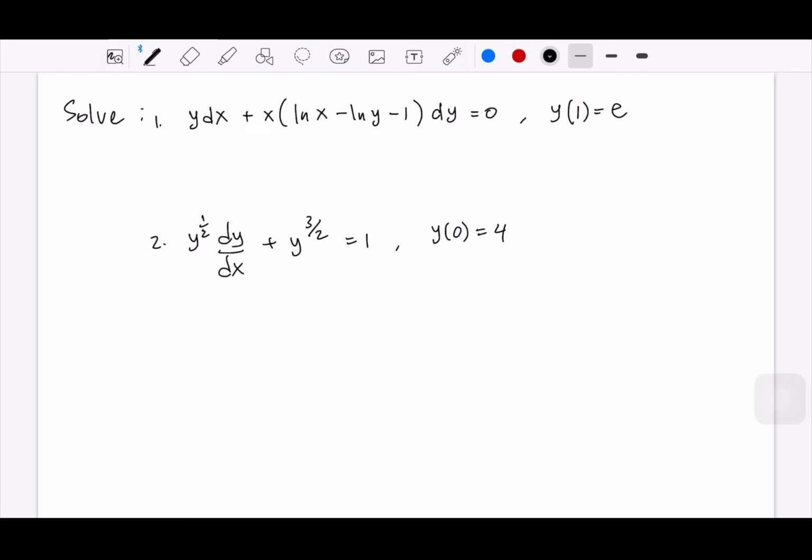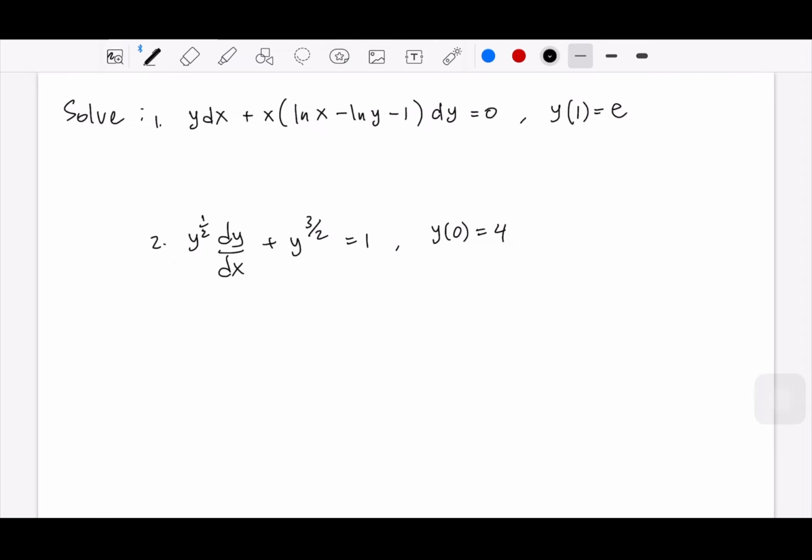And number two, the clue is check the structure. Check the structure, whether it's linear or it's going to be like a Bernoulli. You can try to simplify first. So for the second question, you need to divide this and see. Well, probably you can imagine that this is a Bernoulli.